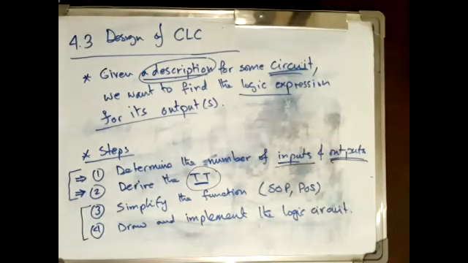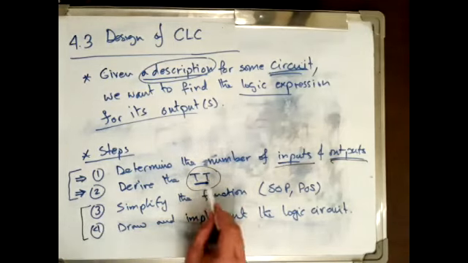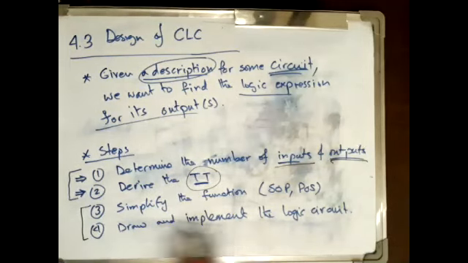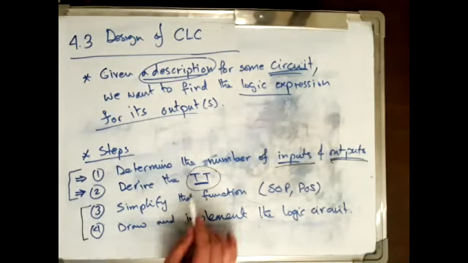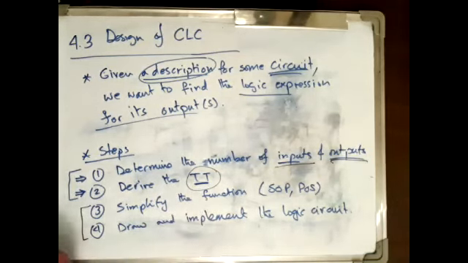If you have mastered what we discussed in chapters 2 and 3, then steps 3 and 4 are straightforward, because you are now supposed to be an expert in simplifying a logic expression given its truth table using algebra or using the K-map.